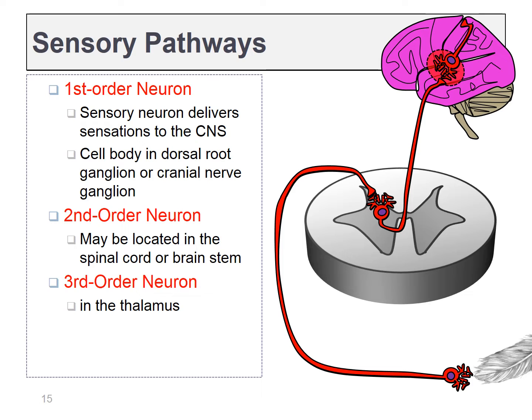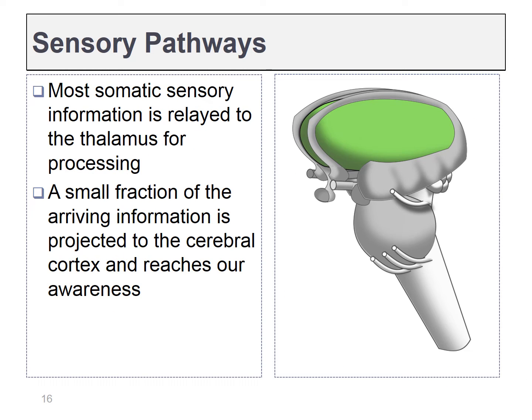Now, there are some changes to this pathway for different senses. For instance, not all of our senses go to the spine. Vision, hearing, and smell travel up cranial nerves directly to the brain. And not everything goes through the thalamus, but almost everything does. Once again, almost all sensory information gets relayed through the thalamus.